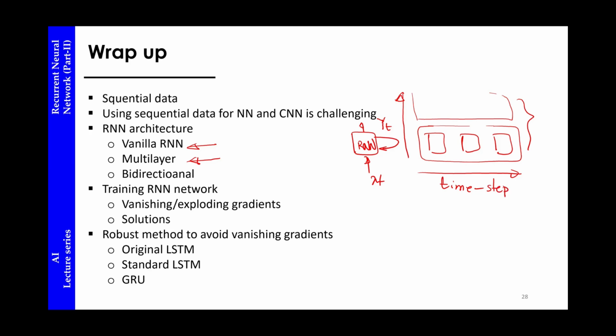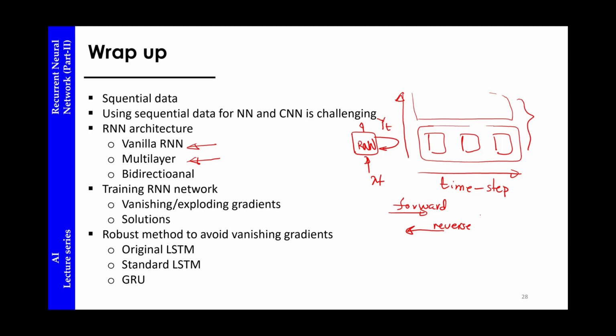And we introduced a bidirectional one: if you couple one forward and one reverse recurrent neural network, we would get a bidirectional one.